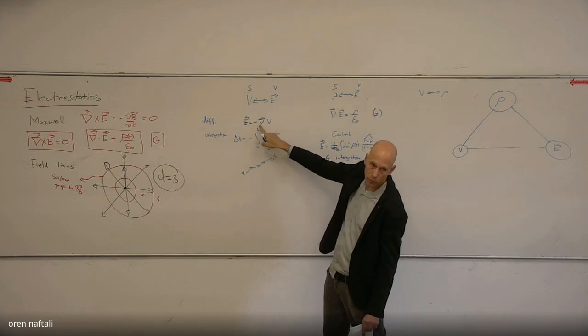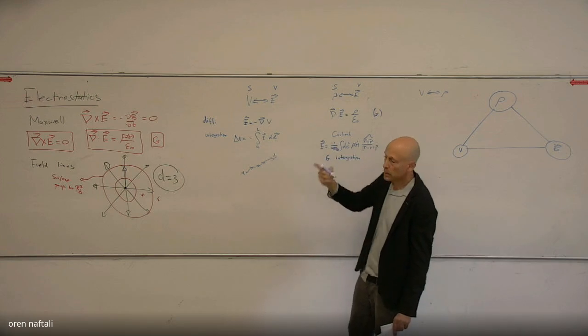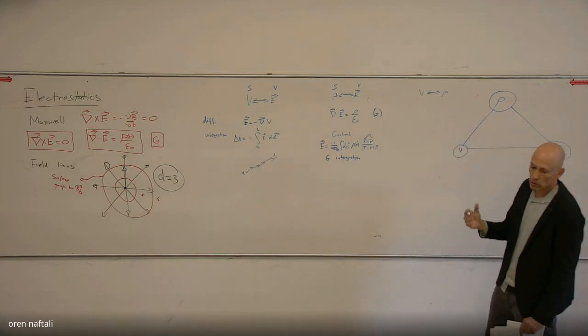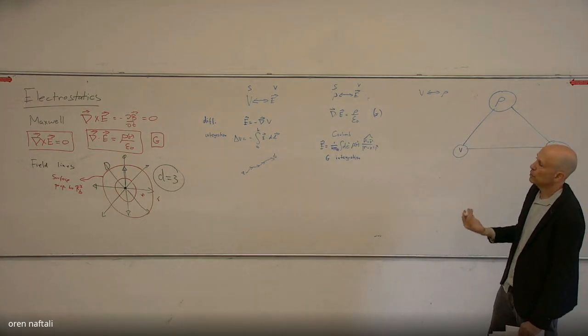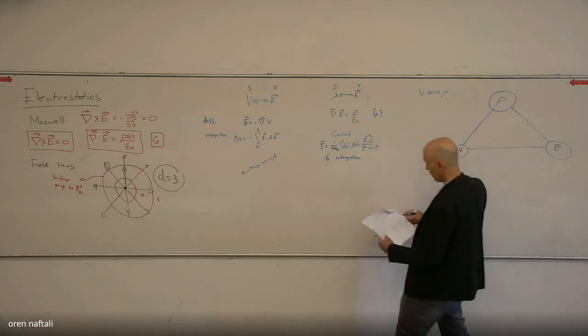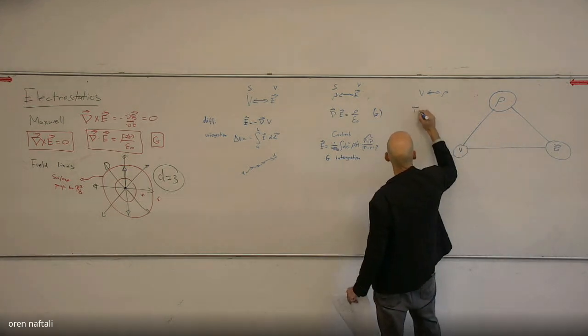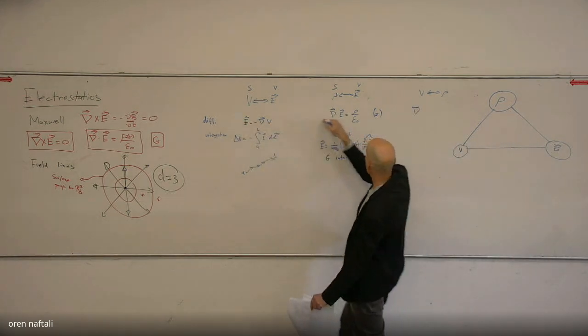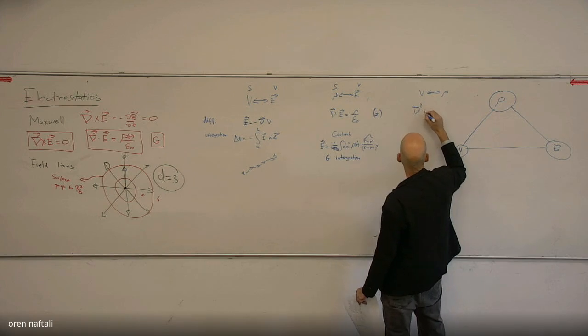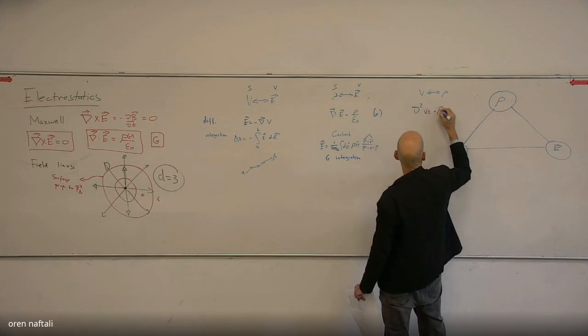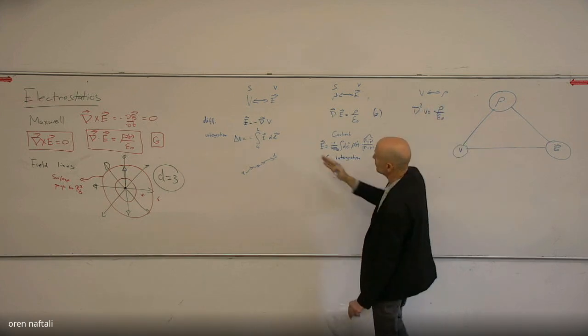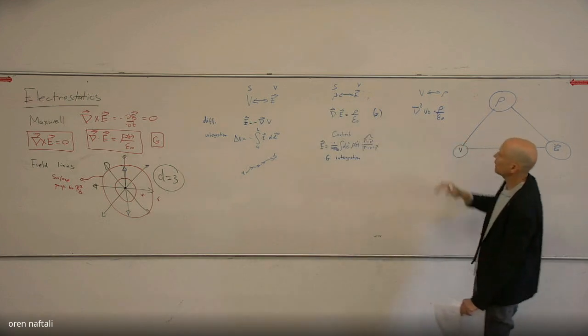What will I get here? Laplacian. And Laplacian is related to a famous equation, which is Poisson. So the Poisson equation is also differential. So it comes in this line, minus rho over epsilon 0. So you immediately see from these two laws, you get this one.